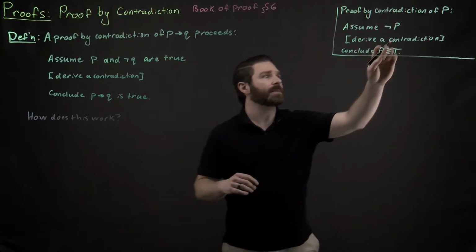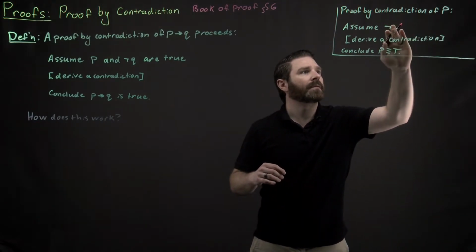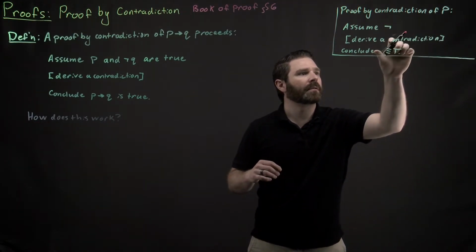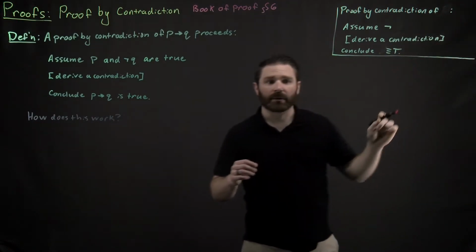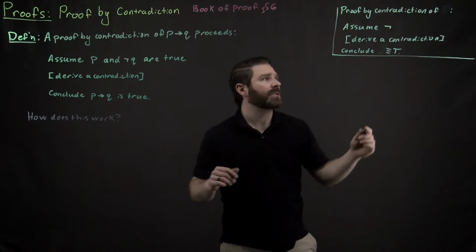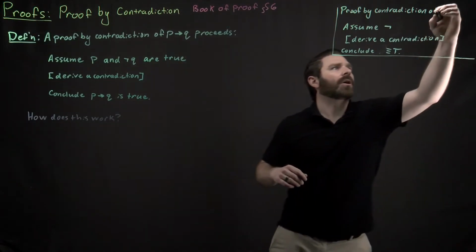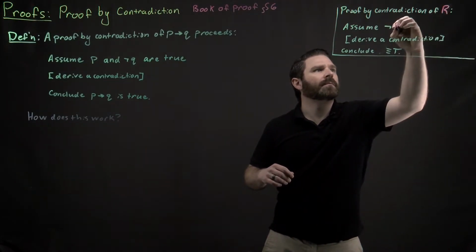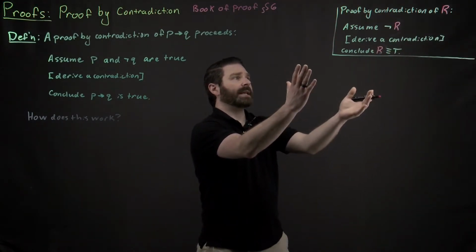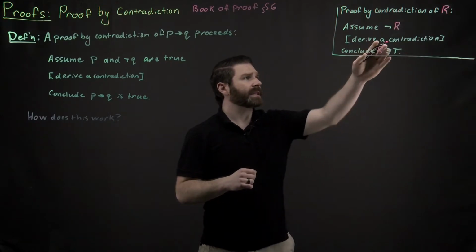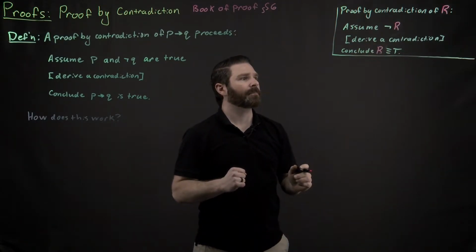So I'm going to erase these P's and replace them with a different letter. I have a P, a Q, so let's use R. It's the same exact proof technique, I've just replaced my letter. Instead of using P, I am now using R.